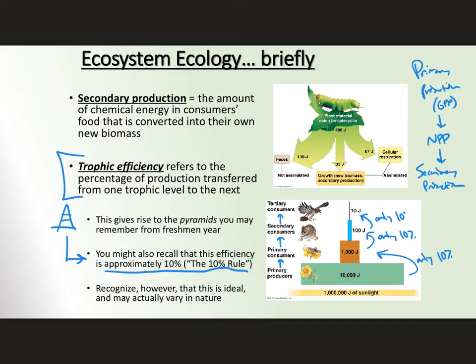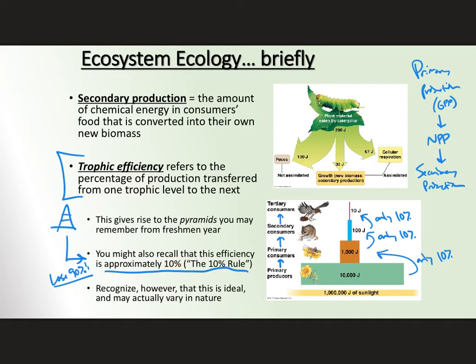Think about that carefully. A lot of times people get moving too fast here and think, okay, so I lose 10%. No, it's not that. You actually lose 90% of energy from one trophic level to the next. So trophic efficiency is not very efficient.